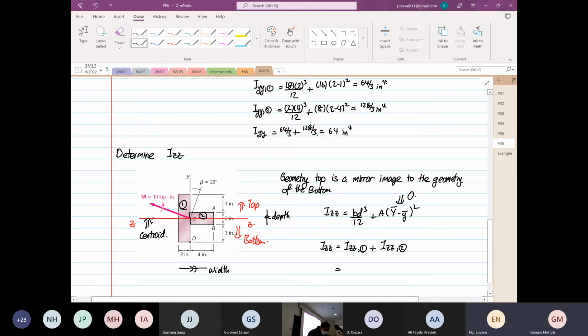For 1, the width is 2, the depth is 2 plus 3 plus 3 is 8, so 2 times 8 cubed over 12, plus for IZZ2, the width is 4 and the depth is 2, so 4 times 2 cubed over 12. The answer is, I got 130. No, 2 times 8 to the power 3 divided by 12 plus 4 times 2 to the power 3 divided by 12 is 88.